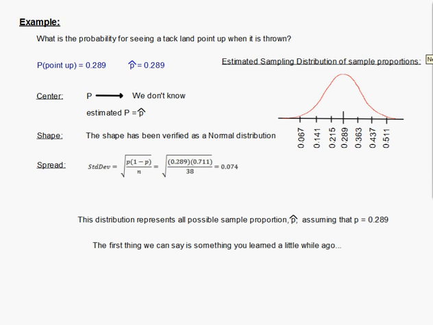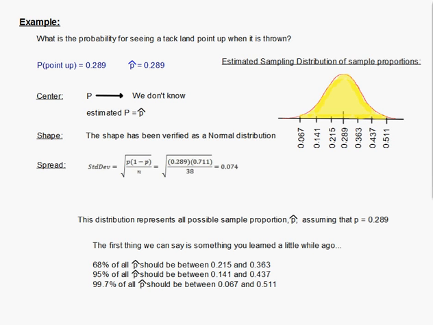And we can say a few things that we learned a while ago, such as 68% of all p-hats, or sample proportions, will be between plus or minus 1 standard deviation, 95% between 2 standard deviations, and 99.7% between 3 standard deviations.